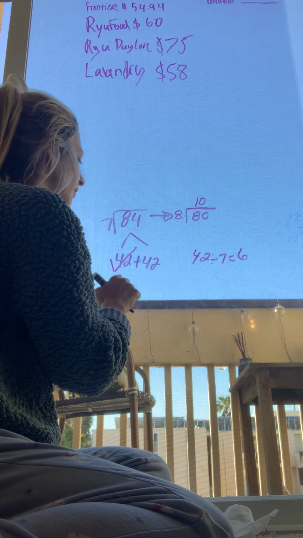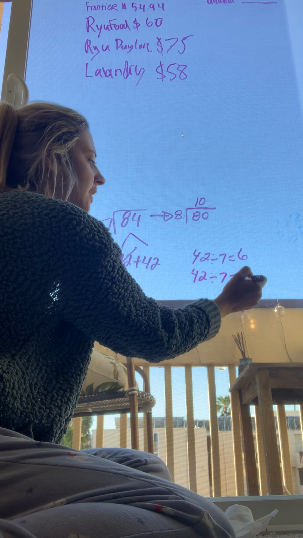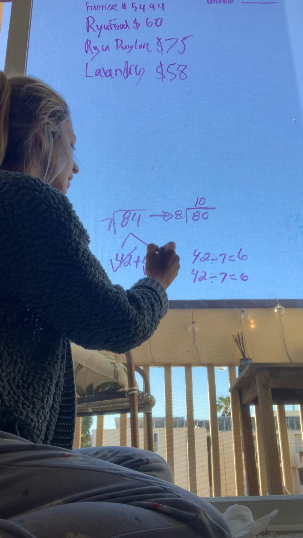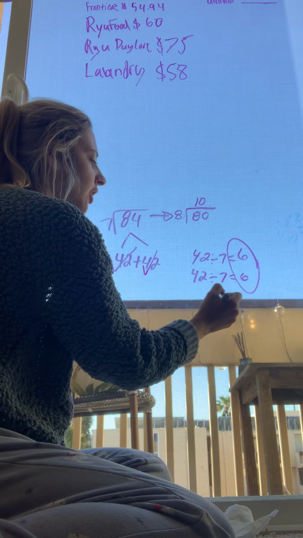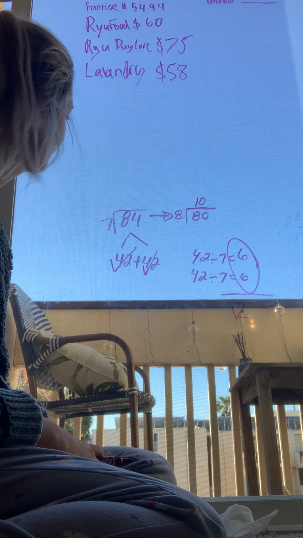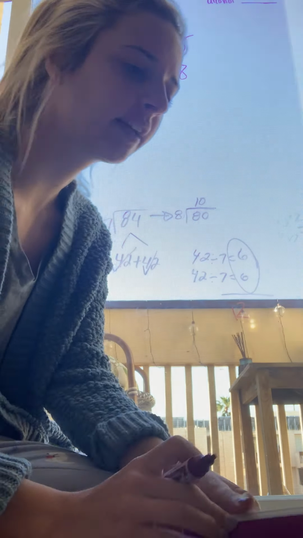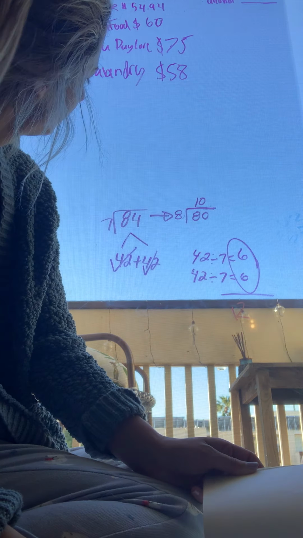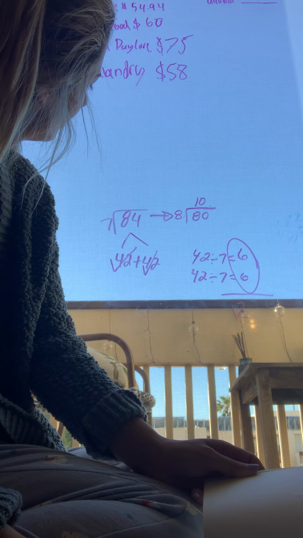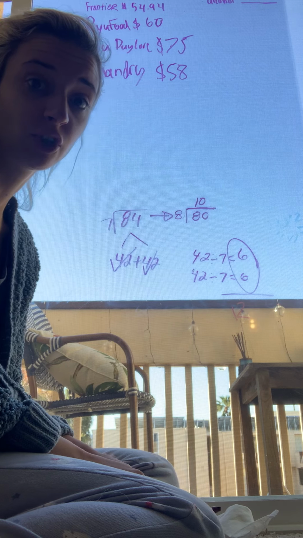That one's taken care of. 42 divided by 7 equals 6. That one's taken care of. I add these together and my answer is 12. I'm trying to think if there's another way to break that down. That's the easiest one for me to see, but you're welcome to challenge yourselves to try something else.